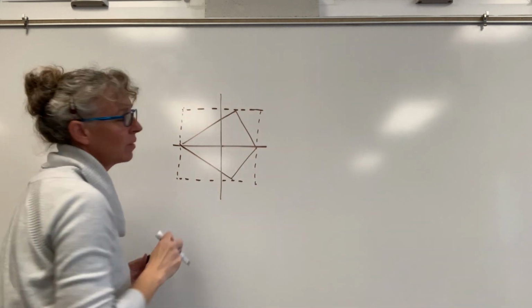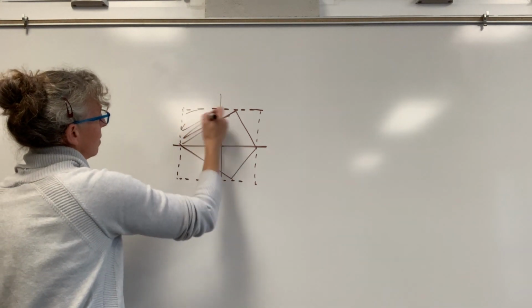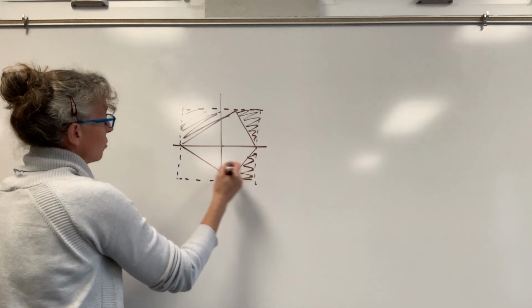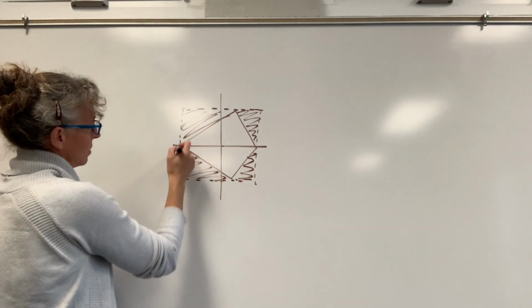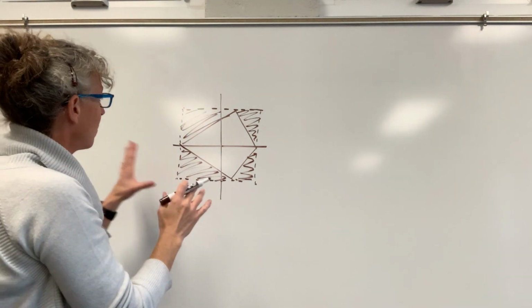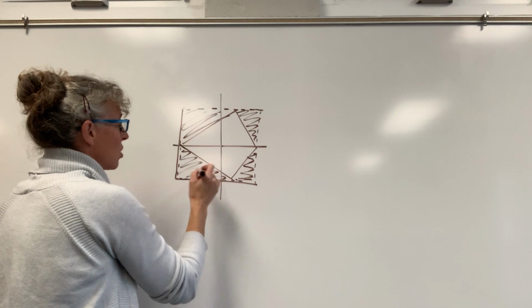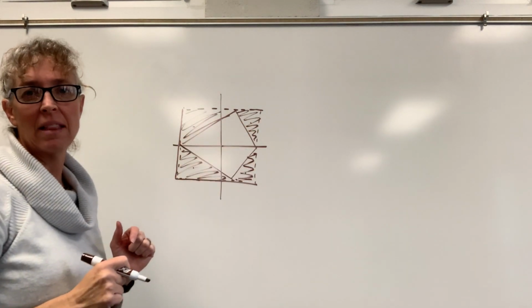I'm going to draw it here. Since I know this is a triangle, and this is a triangle, and this is a triangle that are all straight up and down, it's much easier. You can just do base times height divided by 2. I would take the area of this whole thing and subtract each of the triangles to be left with that.